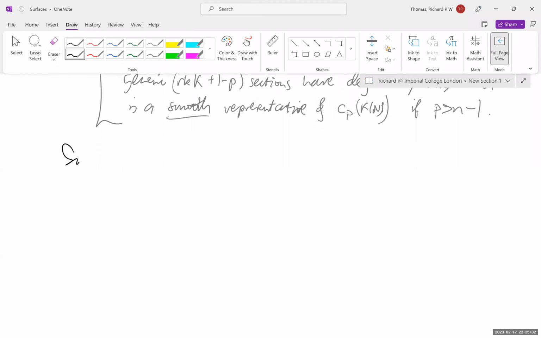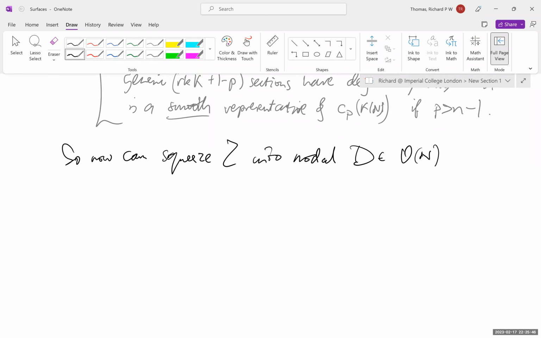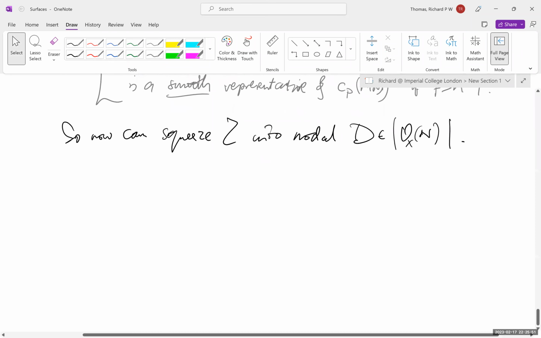As usual, I'm reusing this large N. It can always get bigger. So why can we squeeze it in? It's essentially because of the following. What am I interested in?